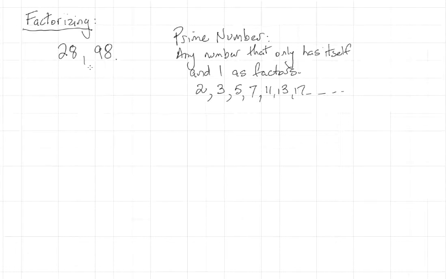So if we're going to reduce, say, 28, now I like to draw a vertical line, and we look for the smallest prime number that goes into 28 evenly with no remainder. So we scan through here and we say, okay, 2 will go into 28, and we divide 2 into 2, goes once, 2 into 8 goes 4.